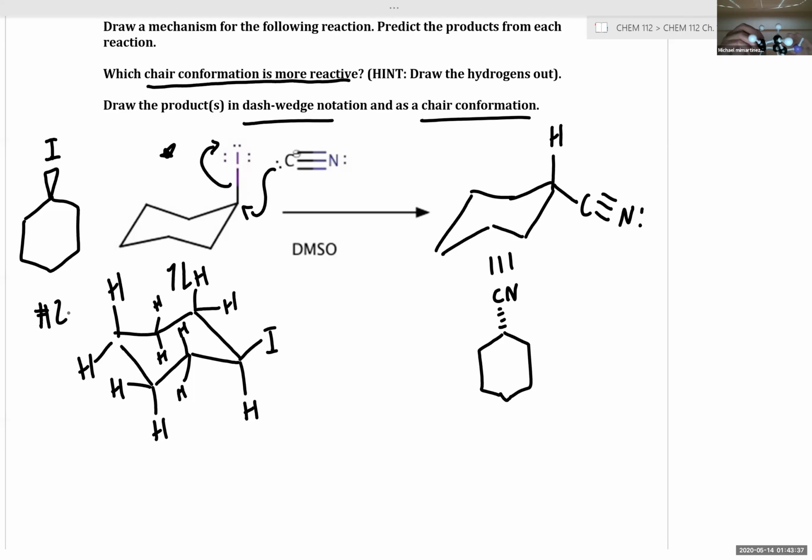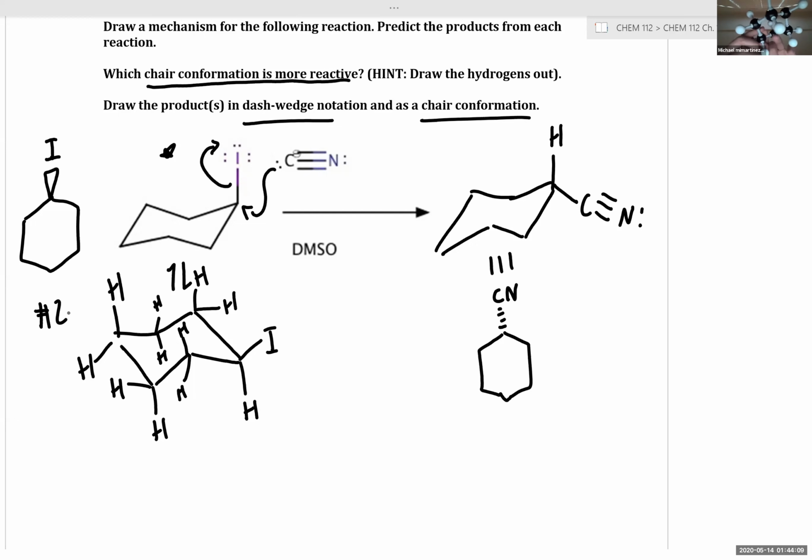Now, you may say, what's the big deal about that? Well, let's look at the approach. If we are trying to attack behind our iodine, we bump into multiple hydrogens. There are 3 axial hydrogens that block our approach.